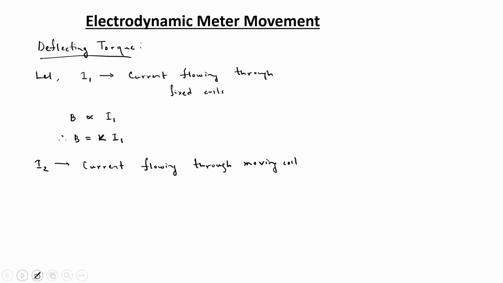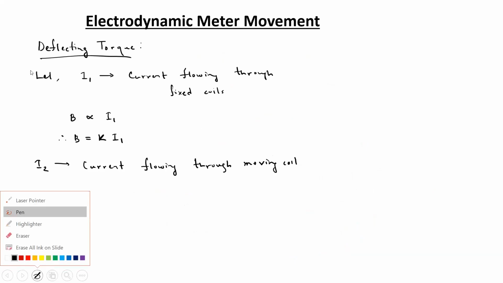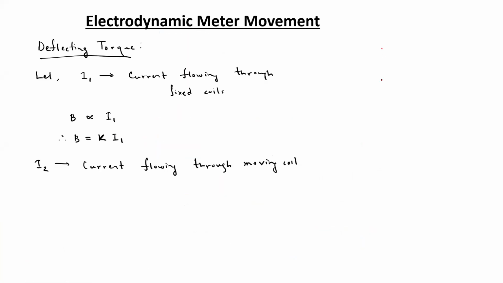So let us keep our discussion like this, that I1 is the current through the fixed coil and I2 is the current through the moving coil. Now let us say that this is a single turn of the moving coil. The coil arrangement, the spring mechanism, and the overall arrangement along with the springs and the pointer is almost identical for the electrodynamic meter movement, like it was discussed in the case of a PMMC meter movement.